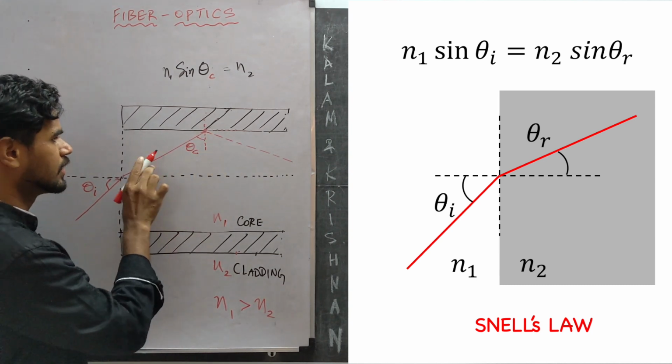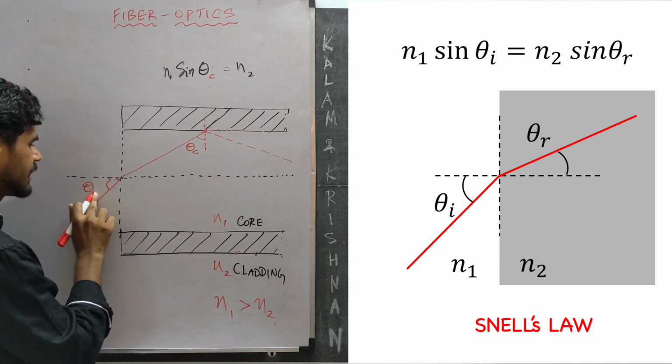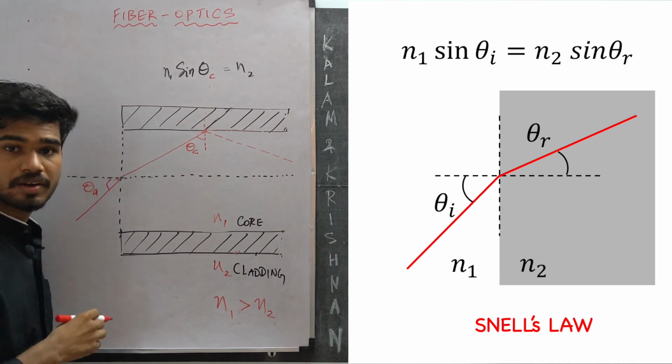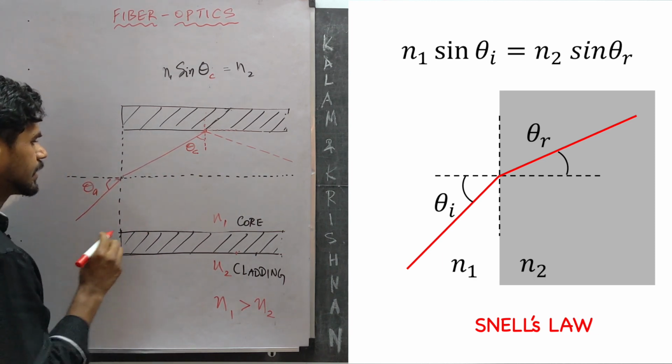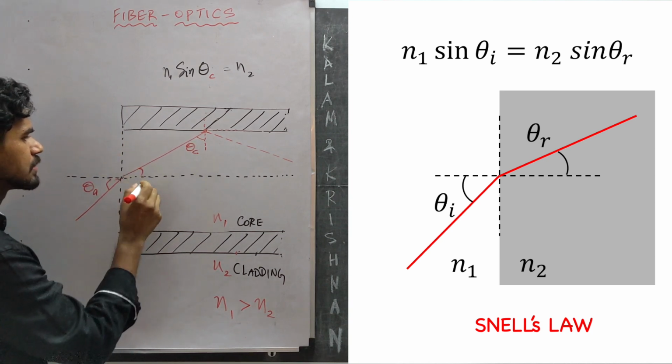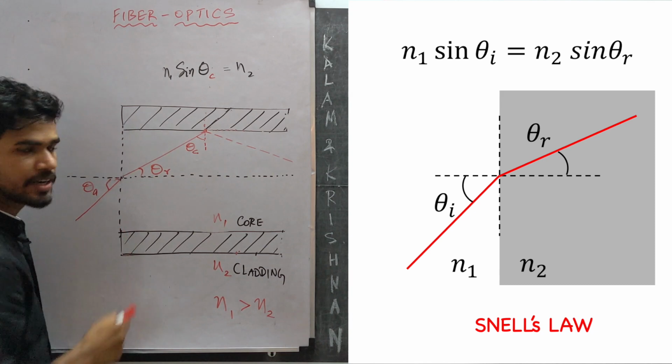Such that light hits this interface at theta c. Let's call that angle theta a, the acceptance angle for a fiber optic cable. This is theta a, and this is the angle at which things get refracted, theta r. What is the relationship between theta a and theta r?